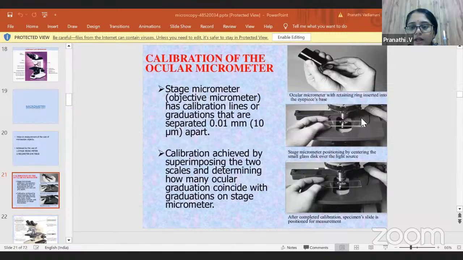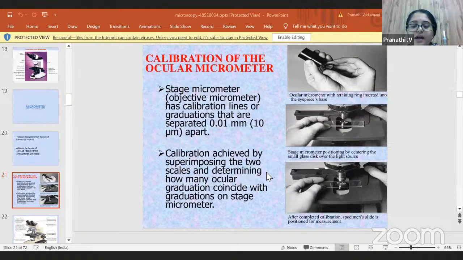You're going to put in the slide over here, position it, and then adjust the light source underneath so that light is focused over here. After the calibration is completed, you're going to put the slide in for measurement of the object that you're going to measure.